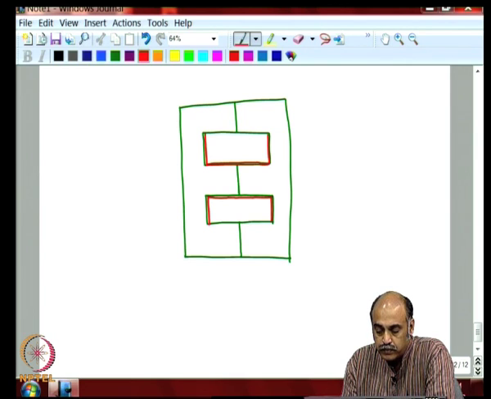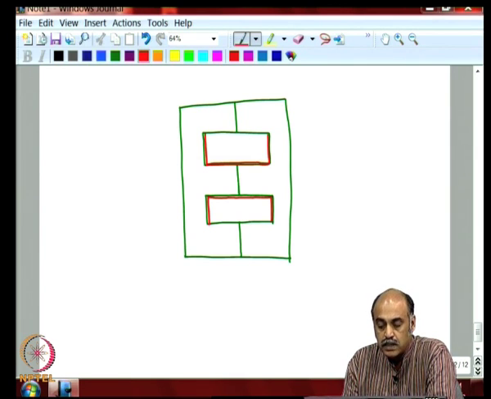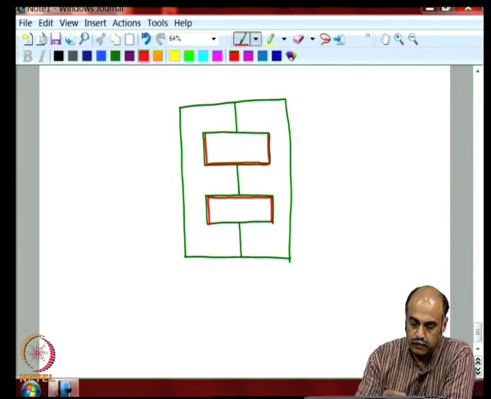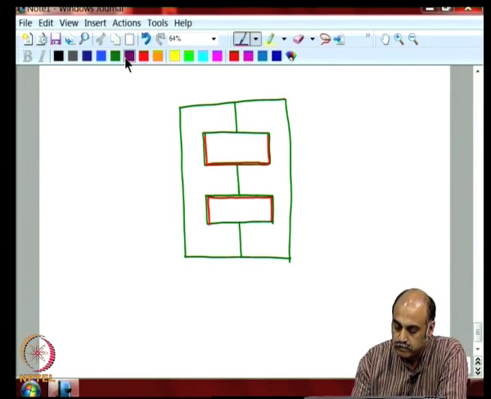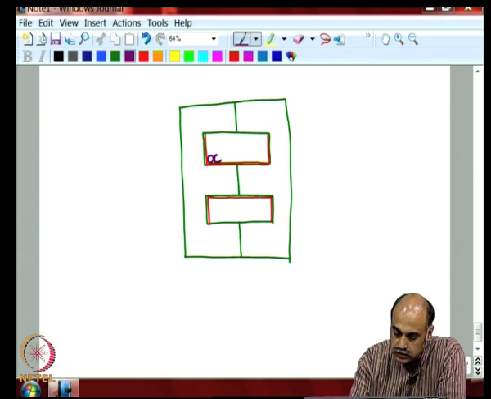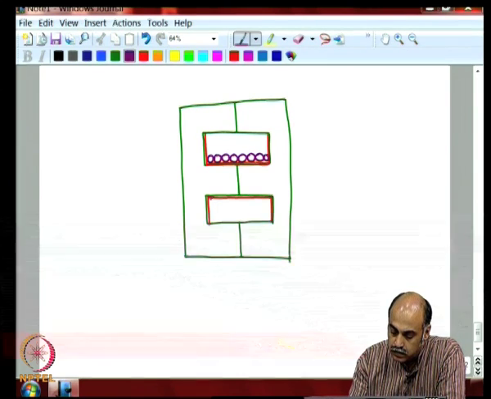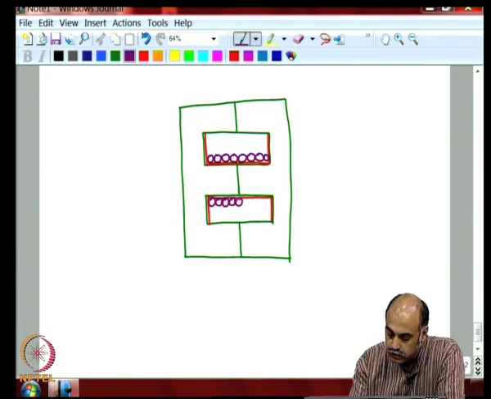So, on the former are wound the windings. You will see the windings wound in this fashion, and you will see the other end of the winding also here.